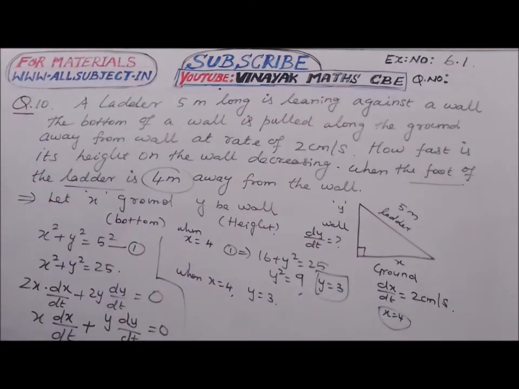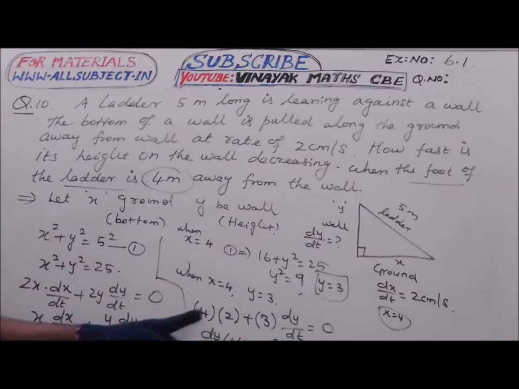Substituting these values, 4 into 2 plus 3 into dy by dt equal to 0. Now 4 twos are 8, so dy by dt equal to minus 8 by 3.